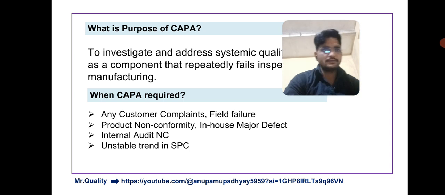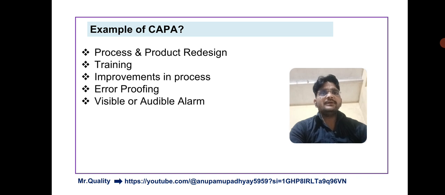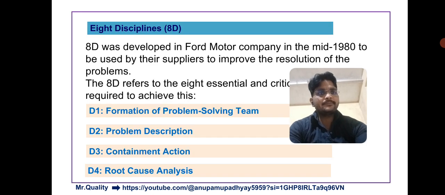If we are getting any customer complaint, field failure, product non-conformity, in-house measured defect, internal audit findings, or unstable trend in data, we should prepare CAPA. Examples of CAPA are process and product redesign, training, improvement in process, error proofing, visual or audible alarms.